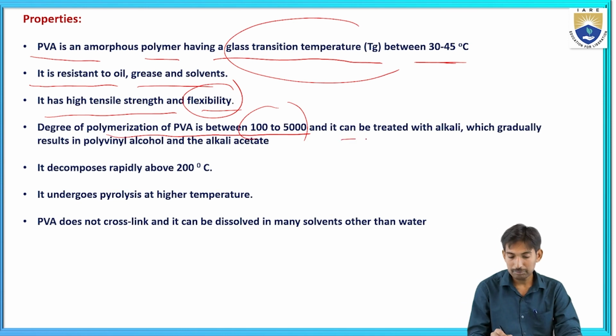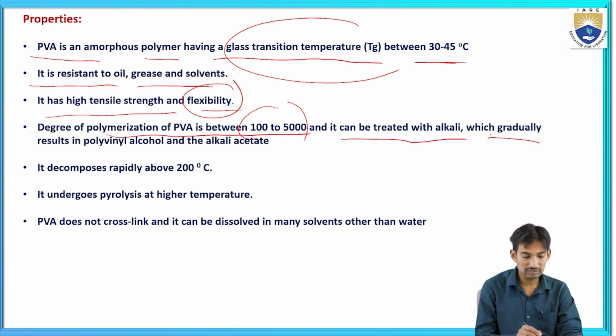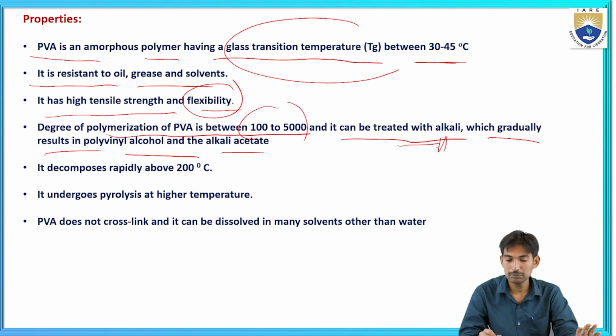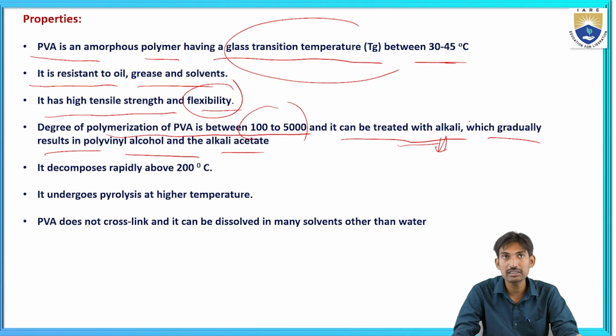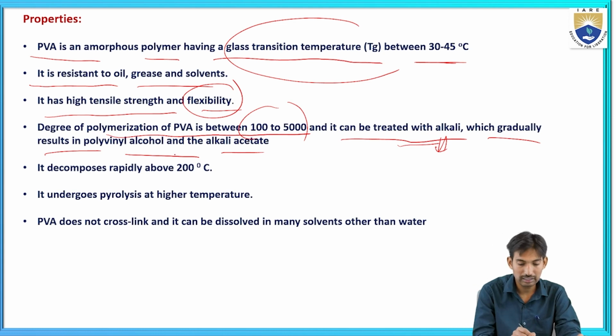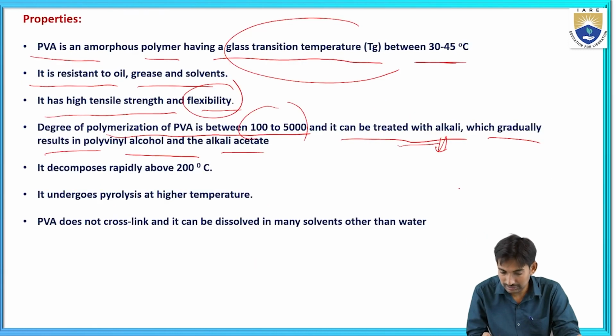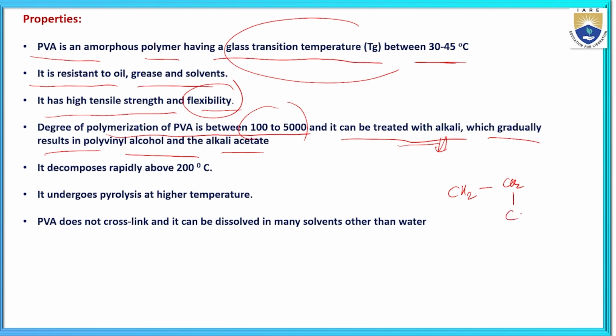It can be treated with alkali, which gradually results in polyvinyl alcohol and alkali acetate. See, the structure of polyvinyl acetate is CH2, C double bond O, CH3.